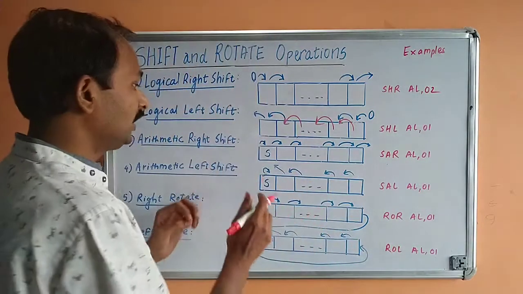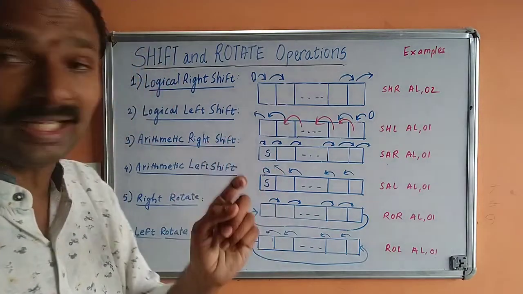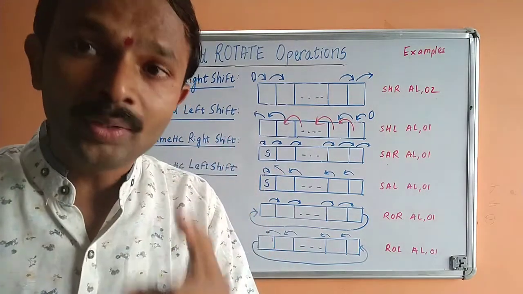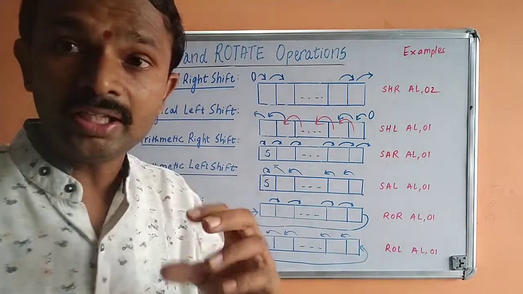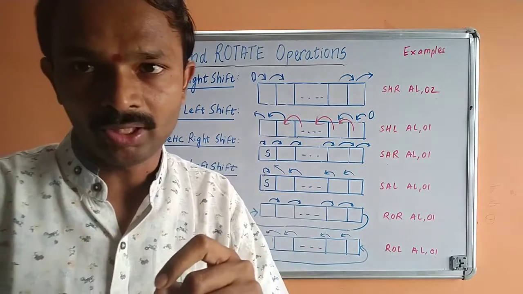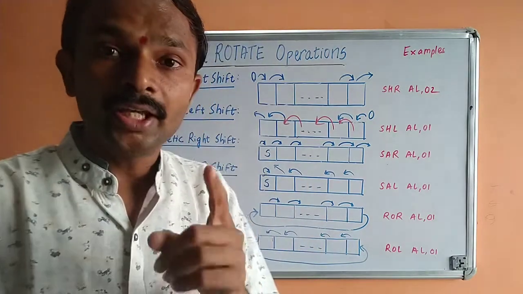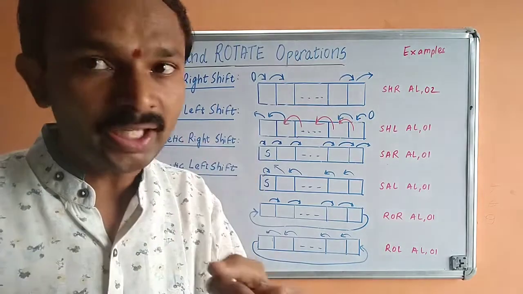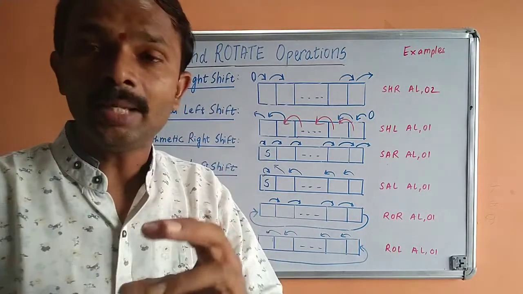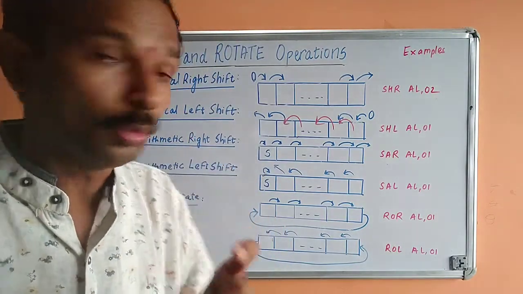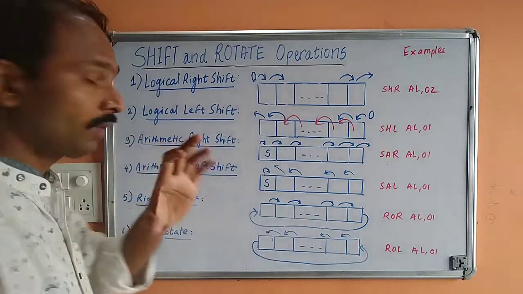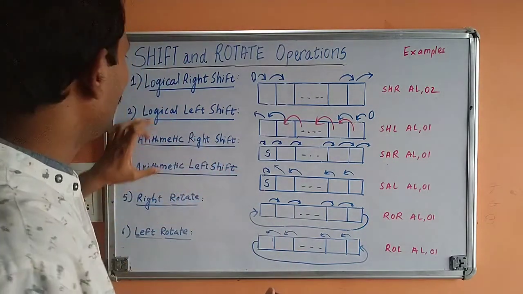We know that in a binary number the MSB indicates whether it is a positive or negative number. If the MSB is 1, the number is negative, and if the MSB is 0, the number is positive. That is the basic difference between arithmetic and logical shifting.